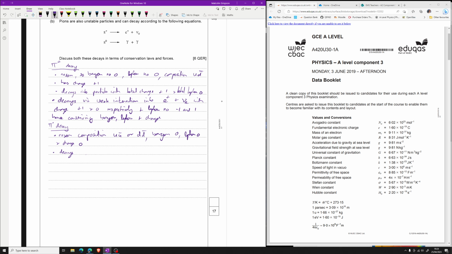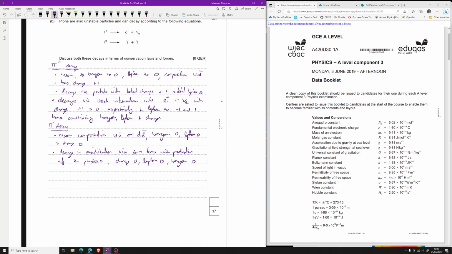You have to first flavor change one of those. So maybe you flavor change the up into a down, or you flavor change the anti-down into an anti-up, and then they annihilate via the electromagnetic force, with the production, therefore, of 2 photons: charge 0, lepton number 0, baryon number 0. I don't know what else I can really say about that. Not much.